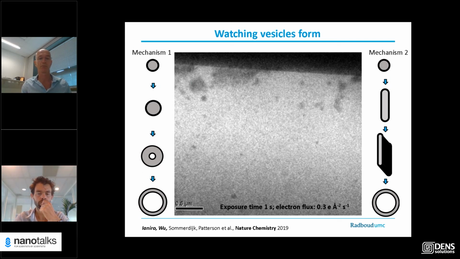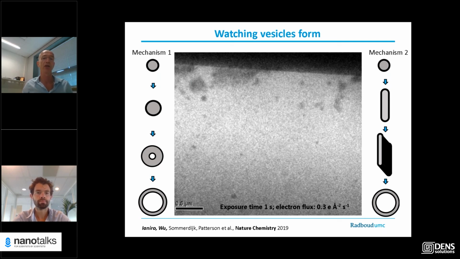Yes, it's great. So I was wondering, if you use a very small electron dose, would you still be able to penetrate through and get signals afterwards? I think 0.3 electrons per square angstrom per second is quite low. It's kind of the dose we use for studying protein crystals as well. But I have to say, for biological materials, this is on the high side. We would use less if we can.